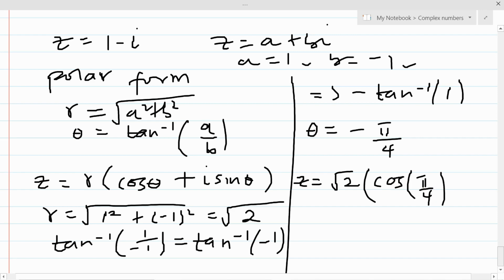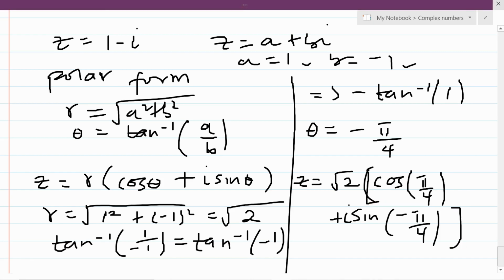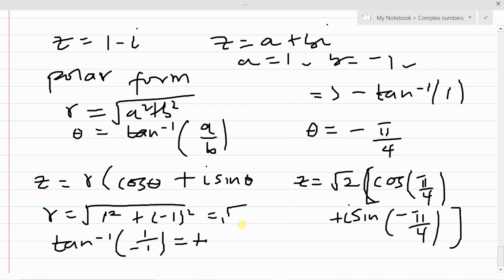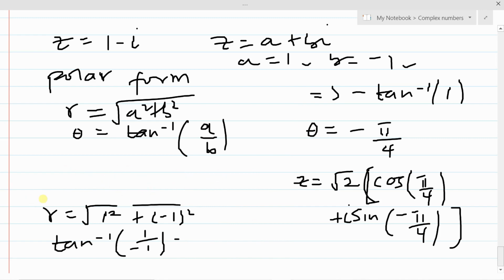Then plus sine of negative pi over 4. Okay, this is what we will get. But when it comes to sine and cos, cos is an even function. That is why the cos of a negative number is the same as the cos of its positive.